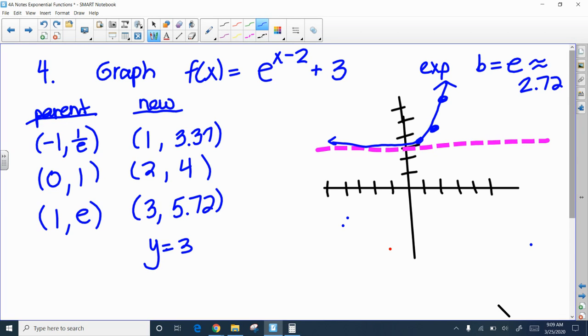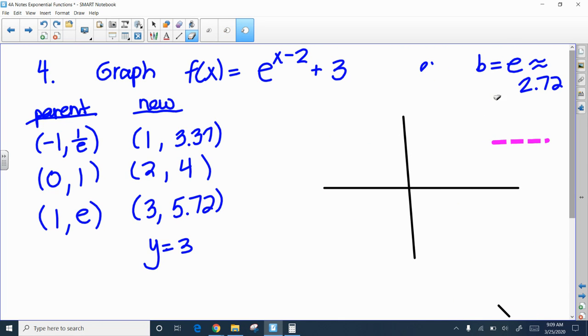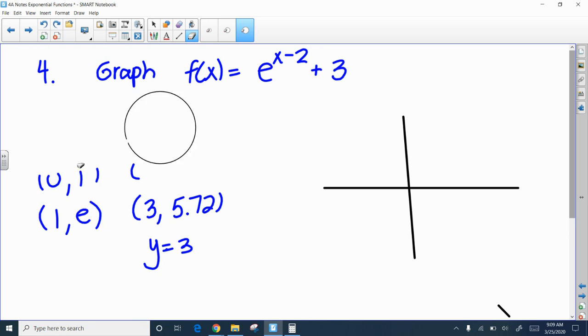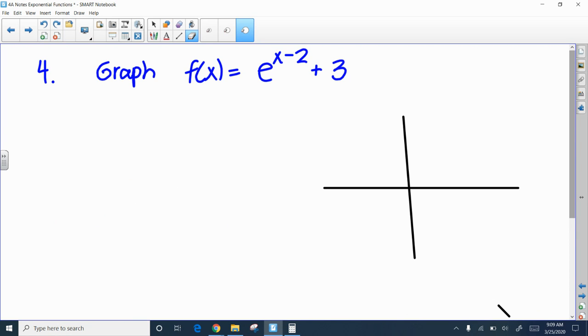Let's go ahead and go through this in case you didn't get this. If you did get that, then you can stop the video here. If you didn't get that, go ahead and watch as we go over this together. Okay, so this time it's still an exponential function because we have a base and a power.